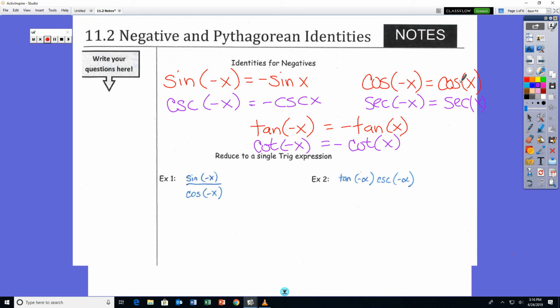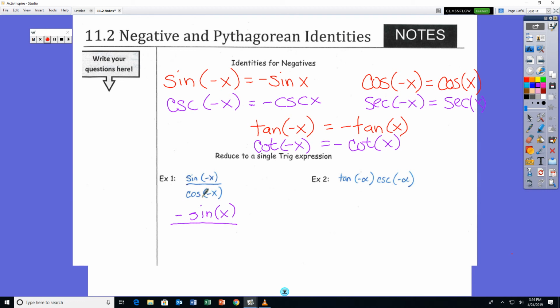Now, similar to what we were doing in the last section, we're going to have our different trig functions. We're going to try to simplify it down to one expression. So take what you have. If I have a negative angle here, well, negative sine of negative x is the same as negative sine of x.